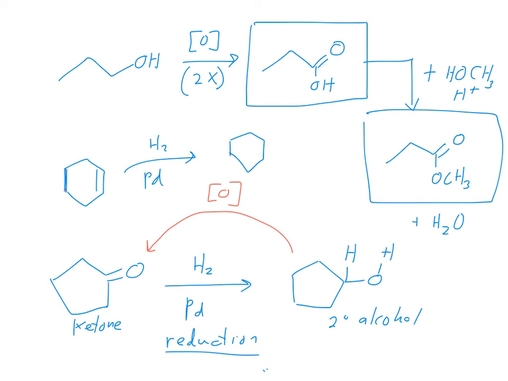So remember, this would have 2 hydrogens here already, and then we're adding another one on each carbon, so each position would have 2 hydrogens. Okay, so it's the same process. We added 2 hydrogens here, we added 2 hydrogens here. They're both double bonds. One is just a carbon-carbon double bond, the other one is a carbon-oxygen double bond. All right?